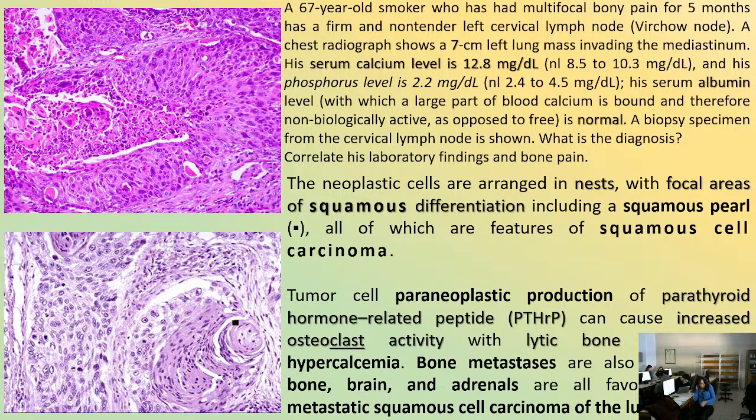However, it is not parathormone secreted by the parathyroid glands. It's the cancerous cells. So the cancerous cells can be a source of an ectopic parathormone-like substance, and this may be responsible for the increase of calcium in the patient's blood.